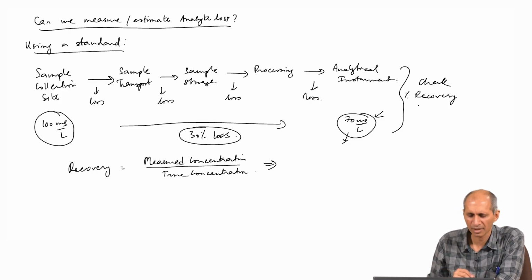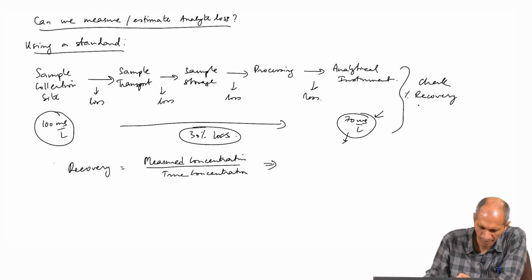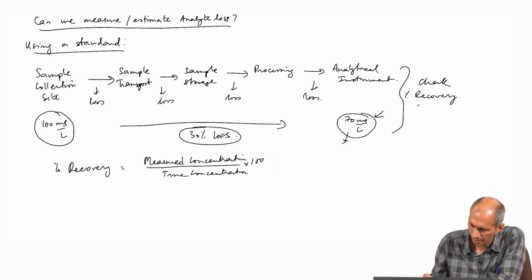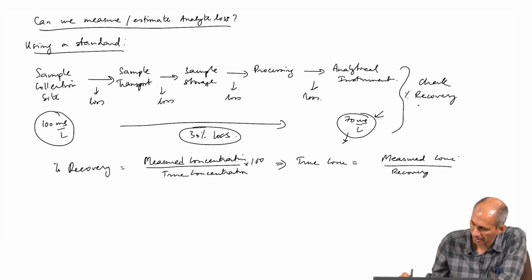This percentage recovery is multiplied by 100. This implies that the true concentration equals measured concentration divided by percent recovery by 100.